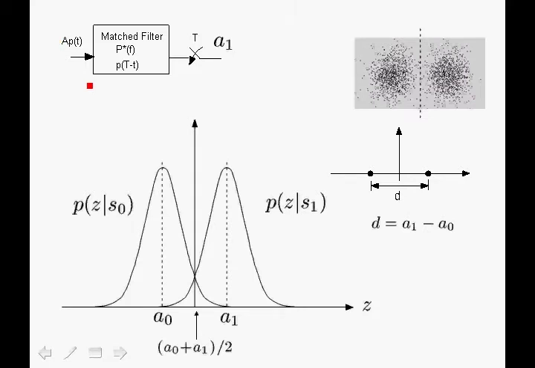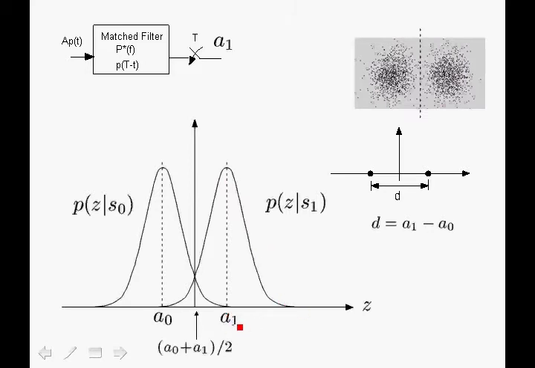Again, if we look at the diagram over here, we're inputting a signal a p sub t. In this case, a being positive, it corresponds to A1. It goes through the match filter. We also have noise, and we sample at the optimum sampling point, which is the maximum signal-to-noise ratio, and we obtain the decision variable A1. Here we show the probability density function, PDF, of the decision variable A1.